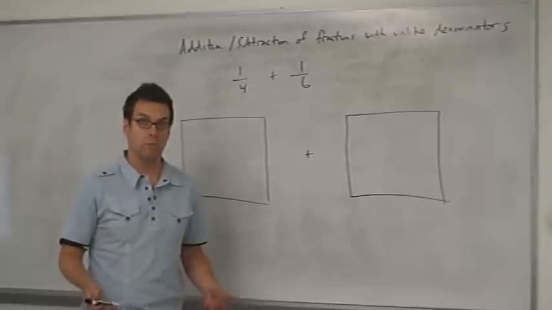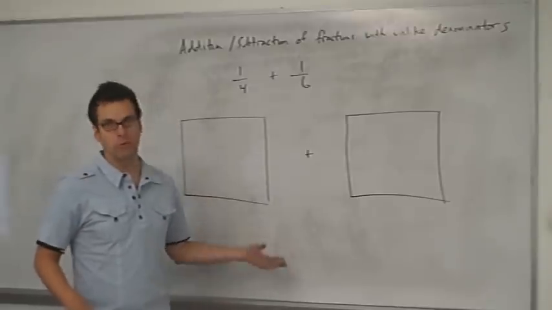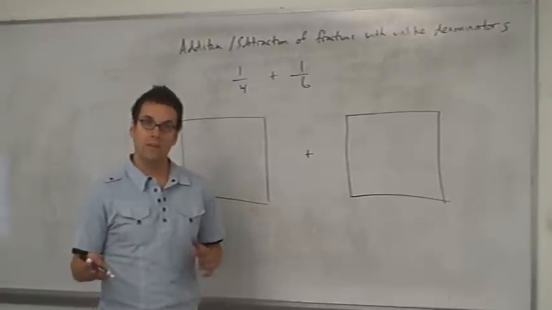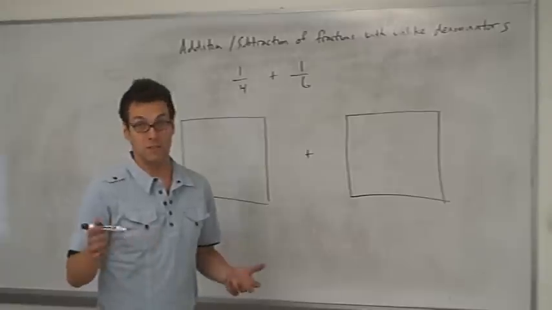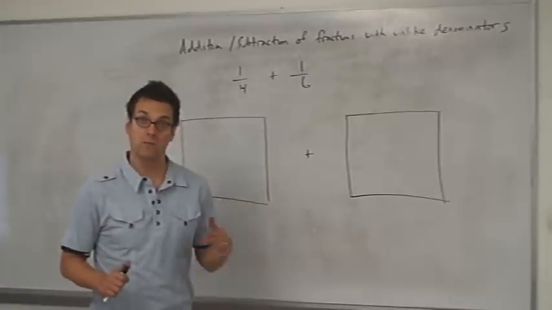Well, we could start simply by drawing pictures that represent both a 4th and a 6th. Now, I think it is most useful and easiest to draw if we use rectangles to do so.